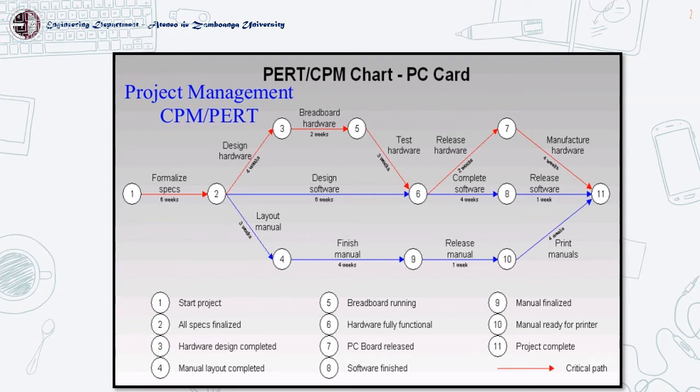For example, if between 2 and 3 this will not be completed in 4 weeks, you will have to reevaluate this again, and that will cause significant delay in the breadboard hardware, as well as the testing of hardware and the releasing of hardware. So this is the critical path method. This is used for monitoring and scheduling of large complex projects.